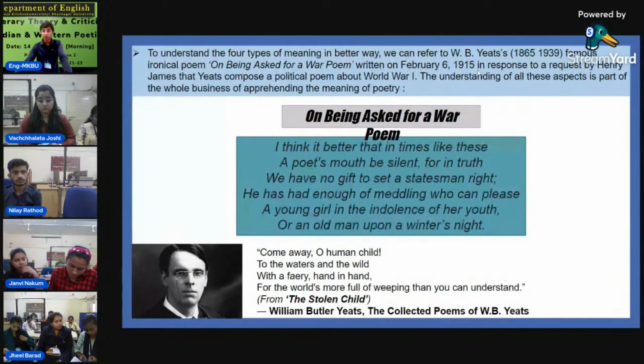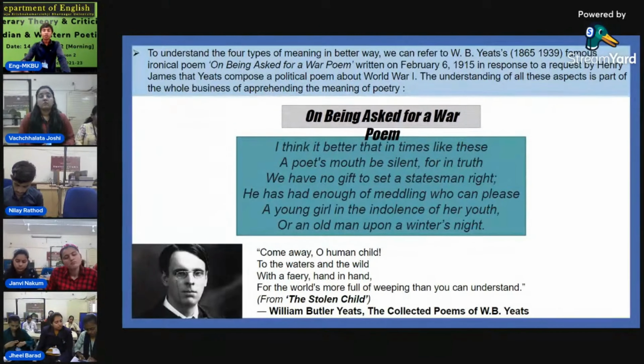He wrote this in response to a request by Henry James and another friend that Yeats compose a political poem about World War One. Now the understanding of all this is part of the whole business of apprehending the meaning of poetry.